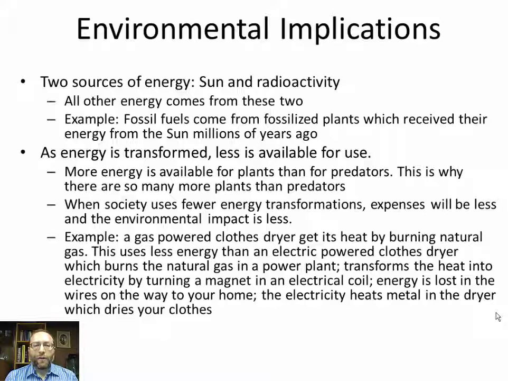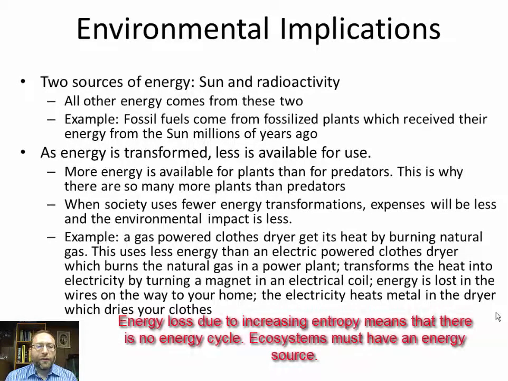They're called fossil fuels because they are fossils. They come from fossilized plants which died millions of years ago, in some cases hundreds of millions of years ago, and all the energy in there came from the sun. As this energy is transformed, less is available for use.